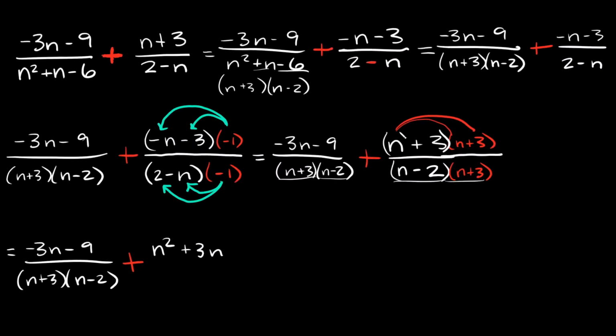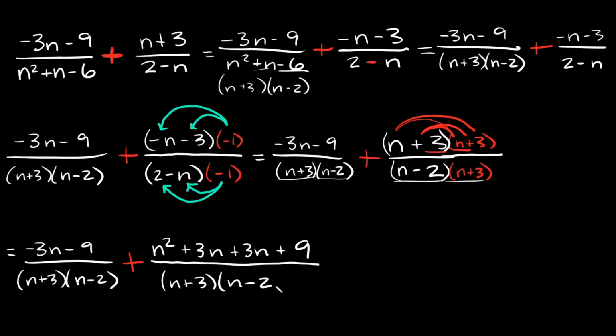And then inner, so 3 times n, so that's plus another 3n. And then last, so 3 times 3, that's equal to 9. Okay, and then again, this is over our denominator right here, n minus 2, n plus 3, right? Or we can flip that to n plus 3, n minus 2, either way.